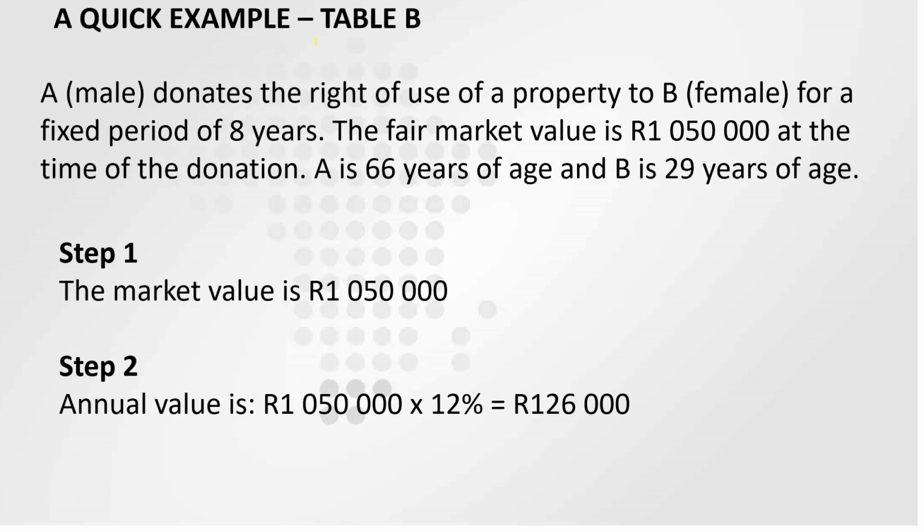If we change the example and we make it for a fixed period, then we know we need to look at Table B. In this example, the fixed period was for 8 years, to be enjoyed still by B, and A is the donor. Same step 1 and same step 2. Market values are determined, the annual value is determined by multiplying it by 12%.